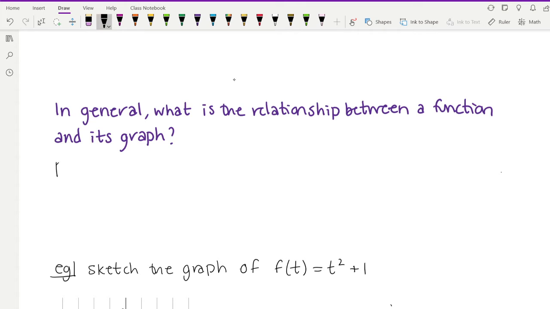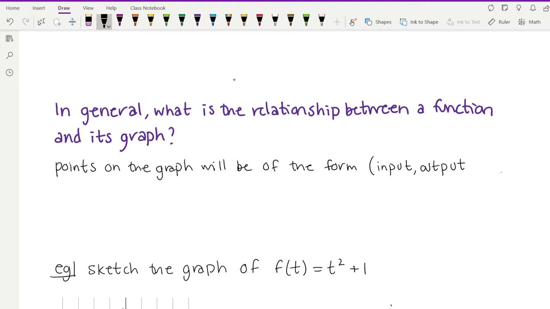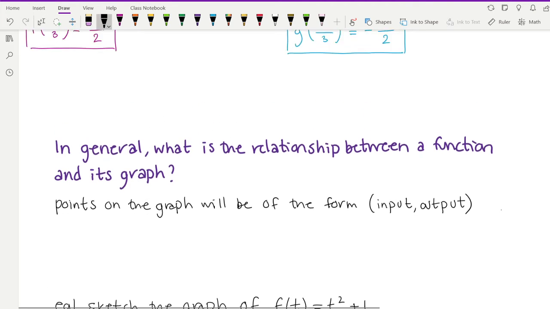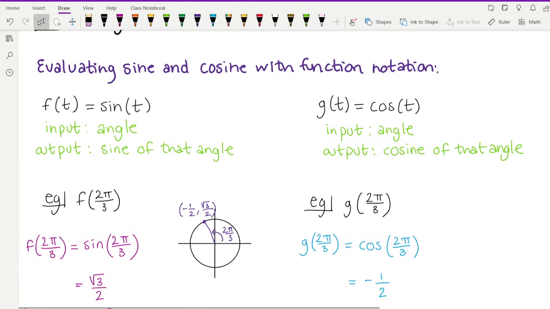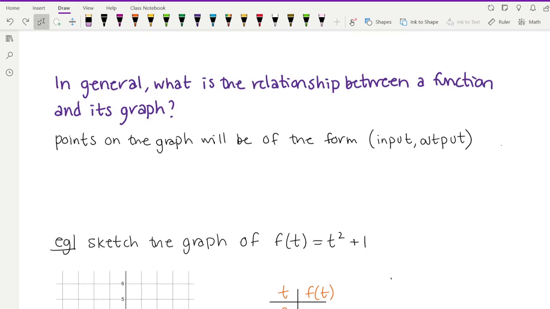So let me write that down here. Points on the graph will be of the form input, comma, output. And by the way, you'll hear me say horizontal coordinate instead of x coordinate, because we're using an input variable of t, so I don't want to say x coordinate, but t coordinate is maybe a little confusing. So I'm just going to say horizontal coordinate.